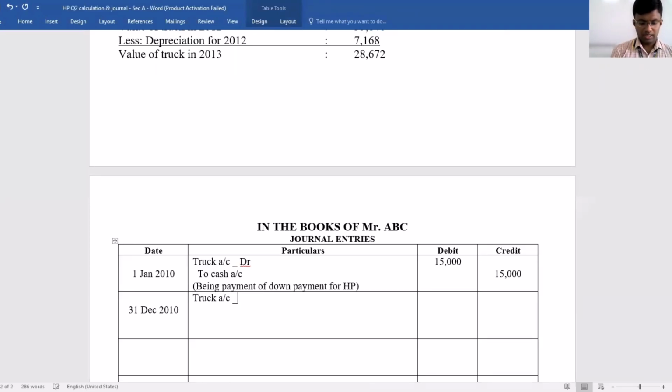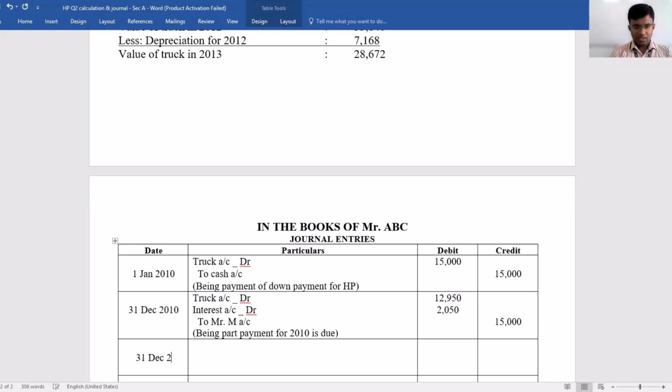Truck account debited, the amount would be 12,950. Interest account debited, the amount here would be 2,050, and this amount is becoming due to the vendor. So to Mr. M account, the amount is 15,000, being part payment for 2010 is due.